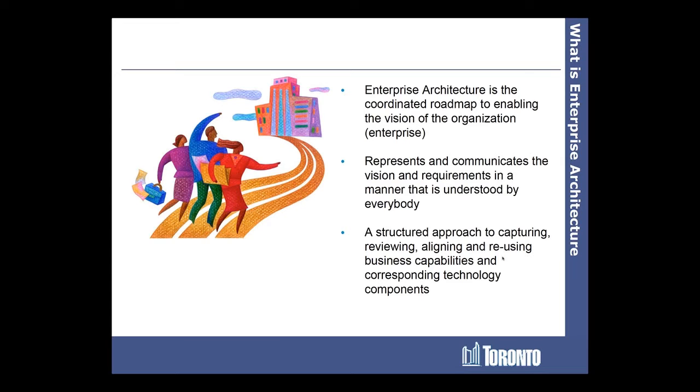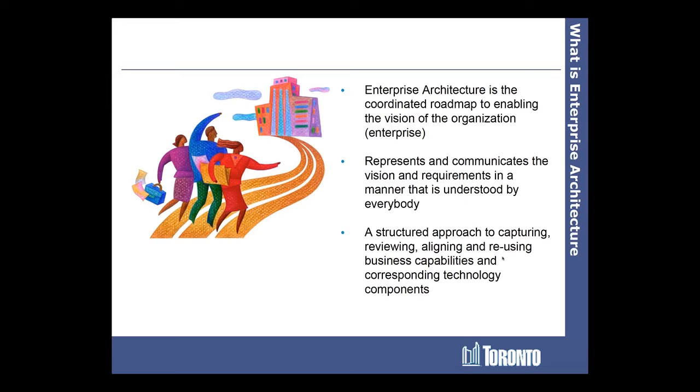And then finally, the business architecture is a structured approach. We're taking the models and capturing, reviewing, aligning, and using specific business capabilities to come up with corresponding technology components. As I mentioned in the first bullet, this gets into how we represent the business requirements and capabilities as components.